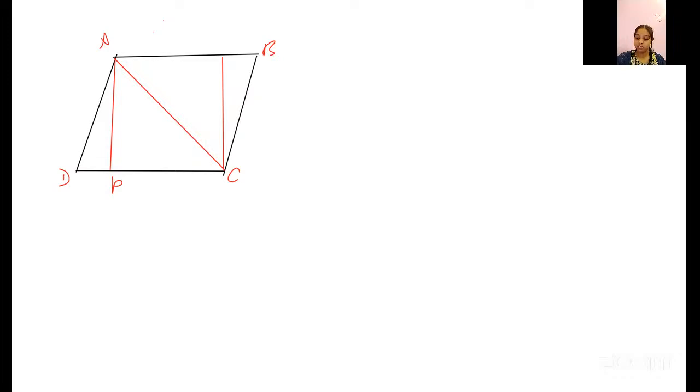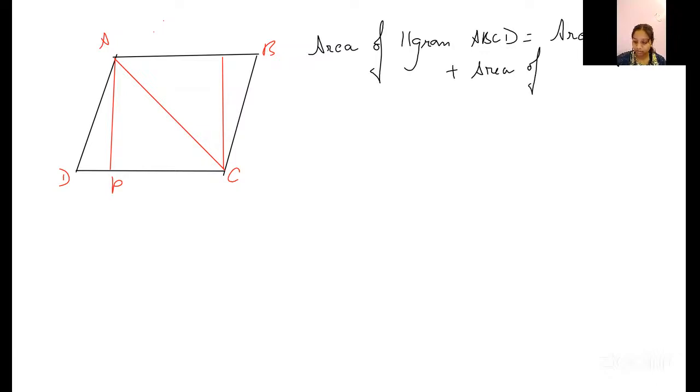Okay, so area of parallelogram ABCD equals area of triangle ADC plus area of triangle ACB.